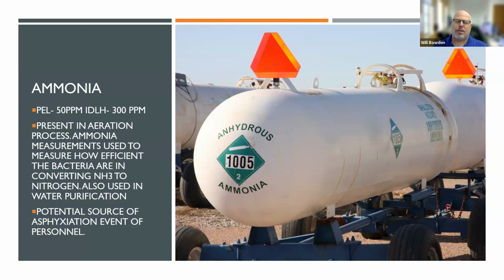It's also used in some cases for additional water purification. Ammonia is also present in the wastewater that's coming into the facility as well. Again, ammonia is a potential source for an asphyxiation event with personnel.